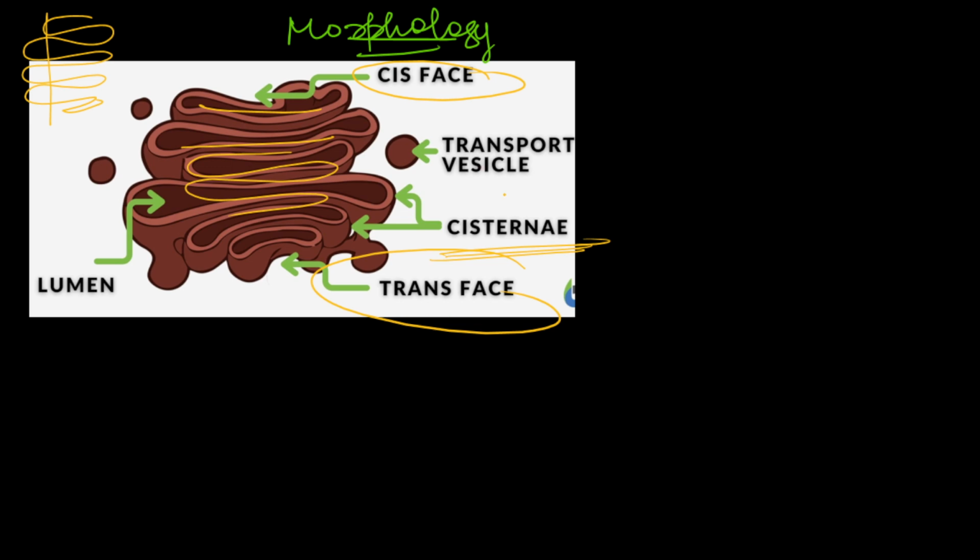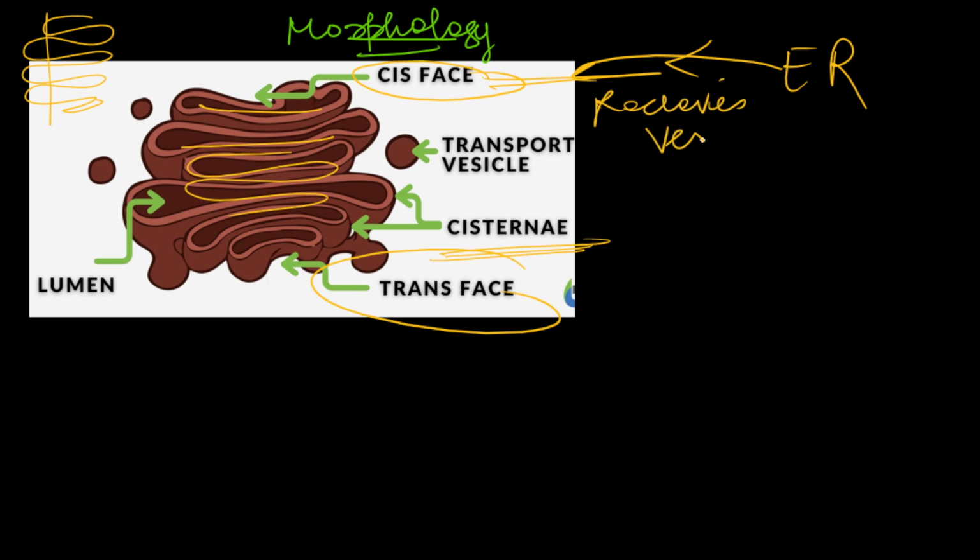So what happens in the cis phase? It receives vesicles from the endoplasmic reticulum. Suppose this is the endoplasmic reticulum. So it receives the vesicles from the endoplasmic reticulum, and this is also known as the forming phase.